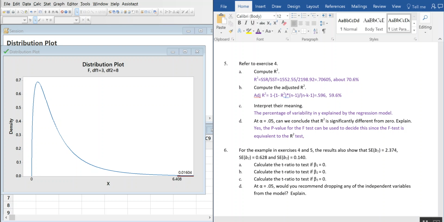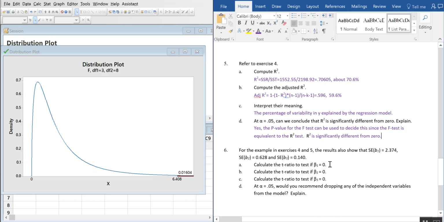So this is able to tell us that yes, R squared is significantly different from 0. Clearly these two are related somehow. They are correlated somehow. Or, you know, some of the variability in y is explained by the regression model. So there you go.